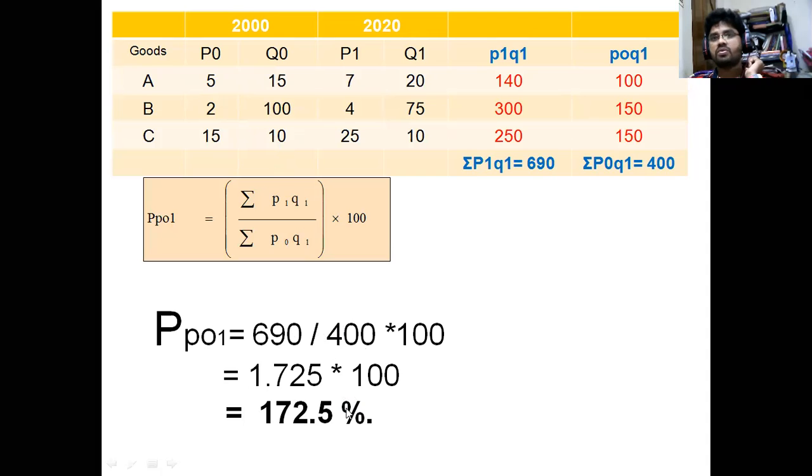So am I clear, dear students, about this Paasche and Laspeyres? Yes, sir. If you don't understand, then I will repeat again, if the time permits. One by one, you can ask me questions. Anirudh, please unmute and you can ask me now. No doubt, sir. Don't you have any doubt from Laspeyres to Paasche? Okay.